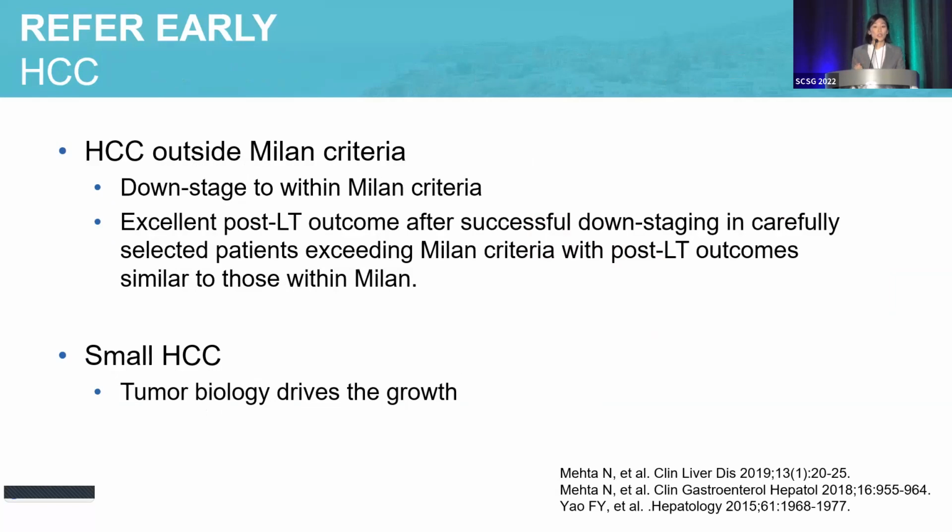So these are patients that have excellent outcomes, even those beyond Milan criteria that get downstaged. Those with small HCCs should be referred early as well, because we all know that HCC growth is really about the tumor biology. It's about the patient, it's about the tumor.